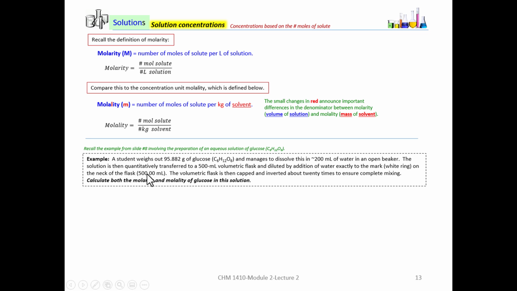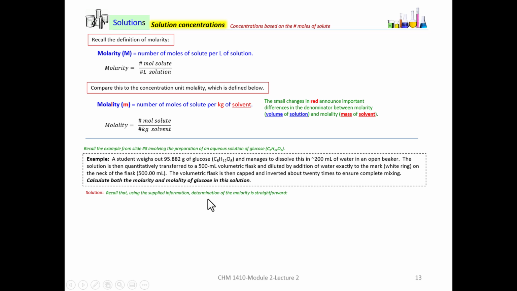So we have a total of exactly 500 milliliters, at least known to the hundredths place. And then we capped that flask and mixed to make sure everything was mixed well. What we want to do here is calculate both the molarity and the molality of the glucose in this solution.